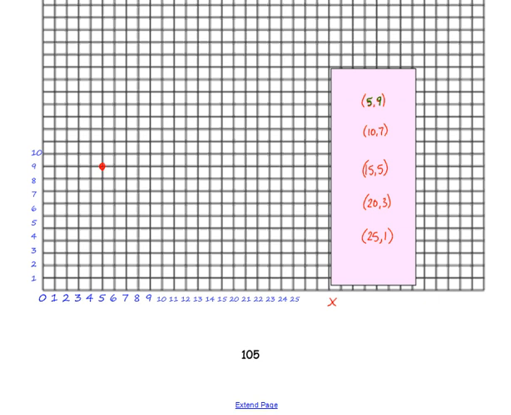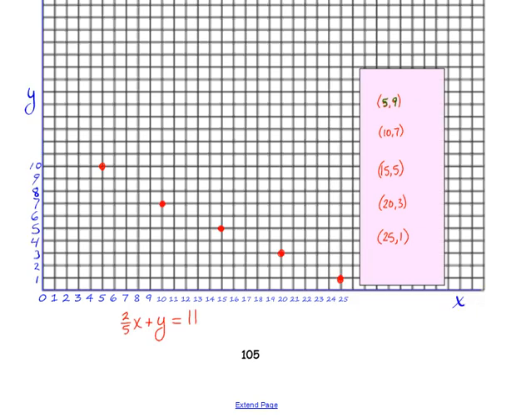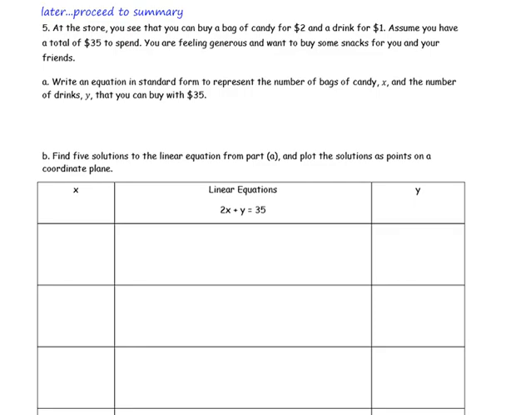Pause the video and graph each of the ordered pairs. Here are some solutions to the linear equation in 2 variables, 2/5 x + y = 11. Next, we're going to go to the summary.